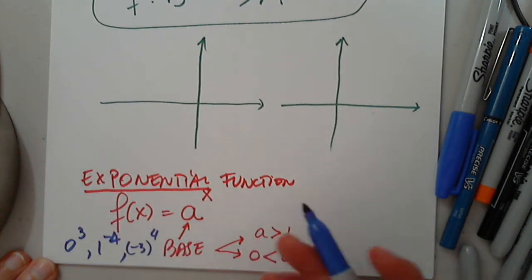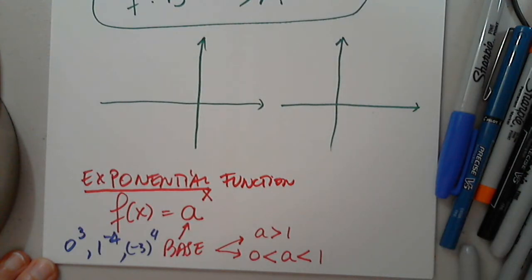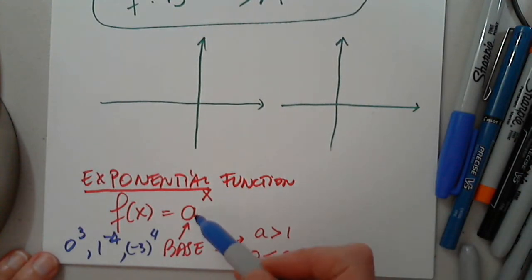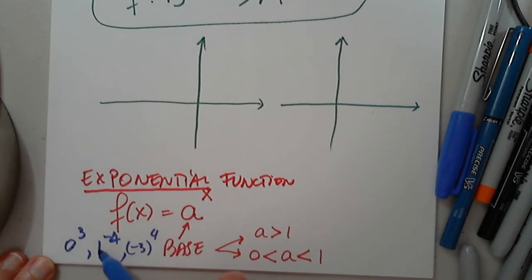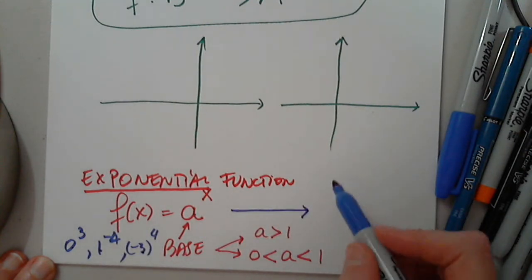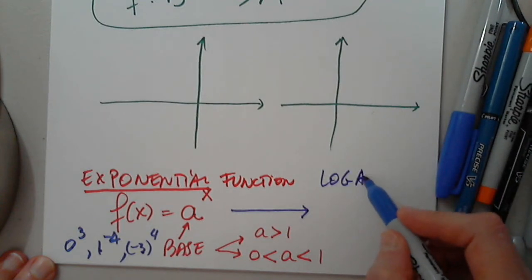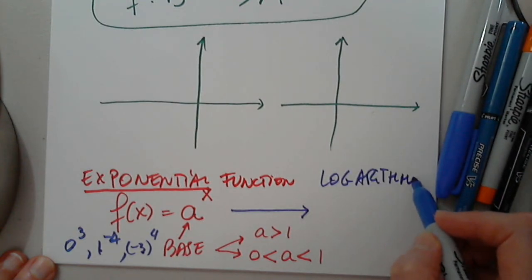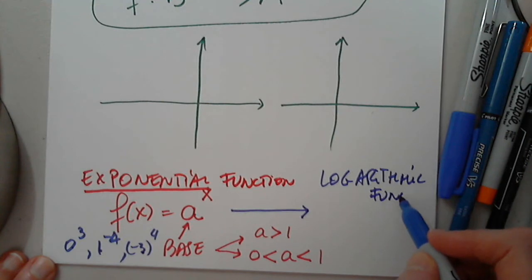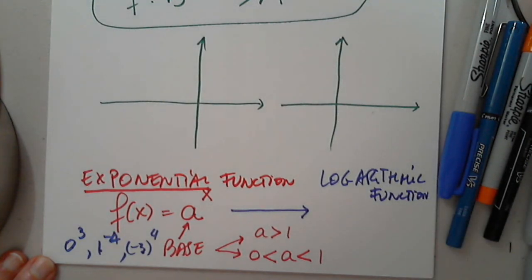And -3 to the fourth is 81. What are you talking about? Well, if we allow the base to be this, or this, or this, we will not be able to define the log function. So that's why these are not allowed as the base of an exponential function.